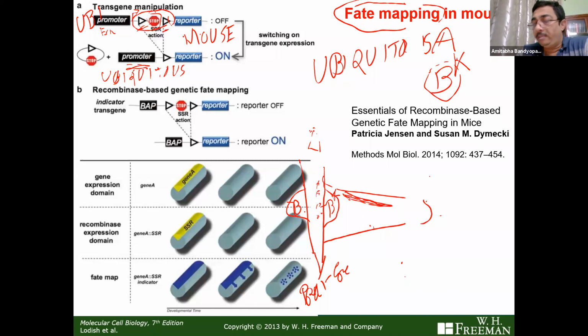Okay, no need to get into the detail of it. If you use a Cre driver instead of PRX1 Cre, something that expresses in the somites, then the Cre will be expressed only in here, only these cells will become GFP positive or reporter positive.